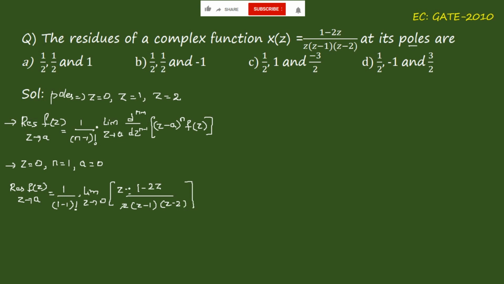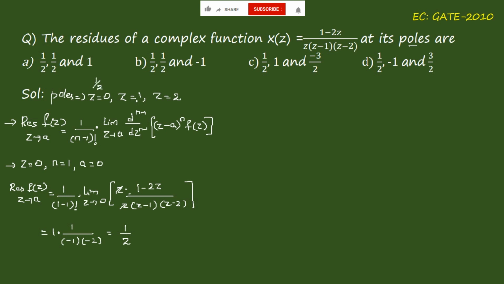Now these two get cancelled here, 0 factorial is nothing but 1, so it becomes 1 into, substitute the 0 in this particular function, so it becomes 1 divided by minus 1 into minus 2, which is equal to 1 by 2. So for z is equal to 0, we got the residue as 1 by 2.